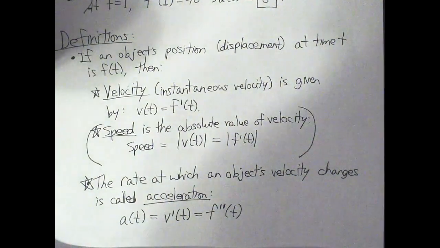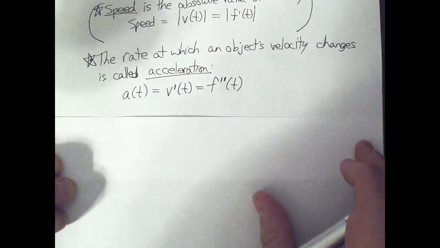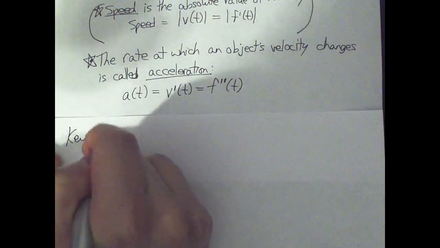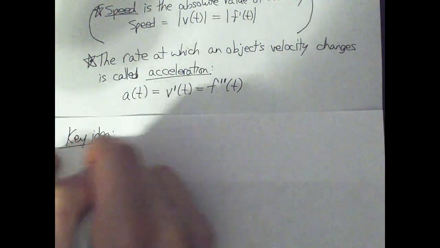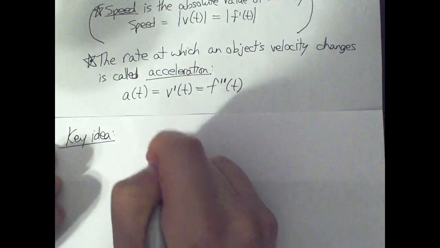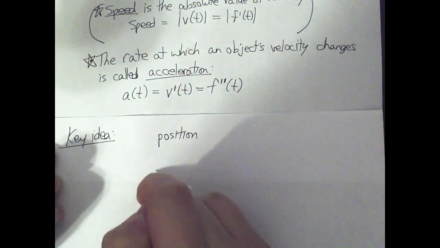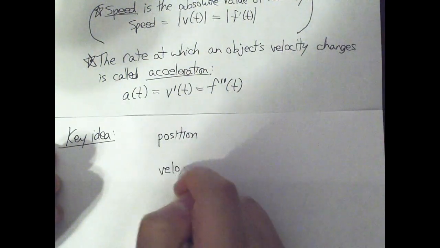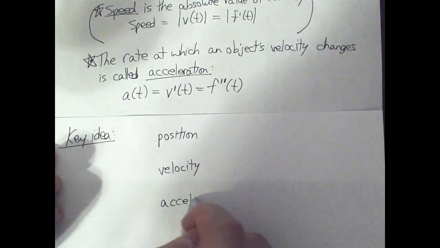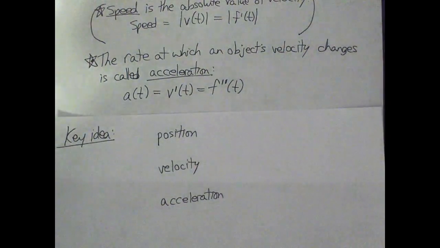I'm going to summarize some of this. Key idea. If you have the position of an object and you want to know its velocity or its acceleration, let's talk about how these three things are related.